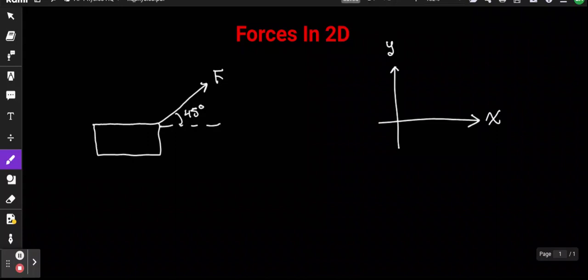And the way that we solve these problems is we break them up into the x component and the y component, and we find the sum of all forces in both those components. So let's go over an example problem together where we go over how to do this.